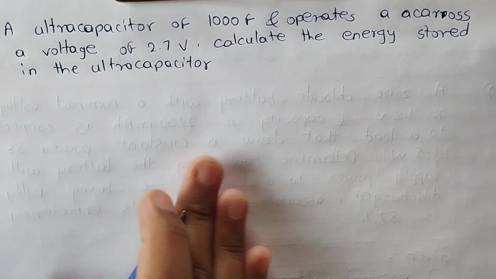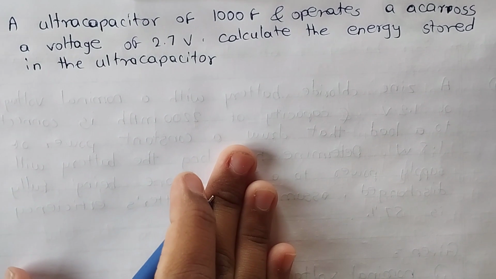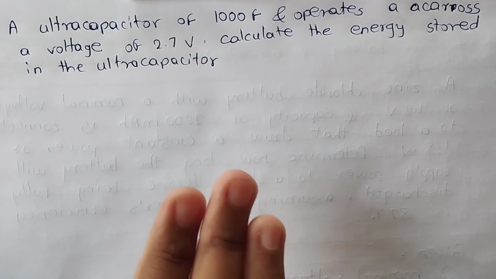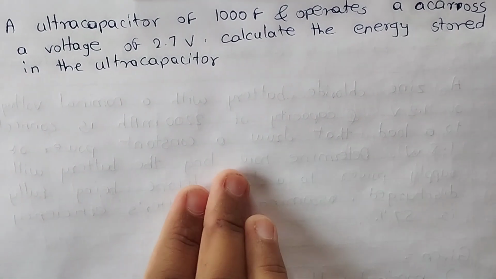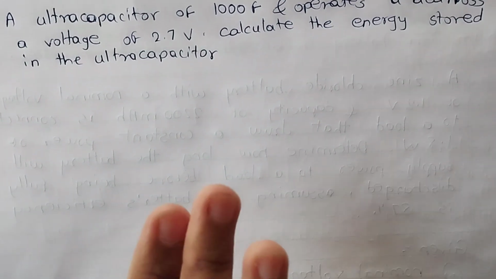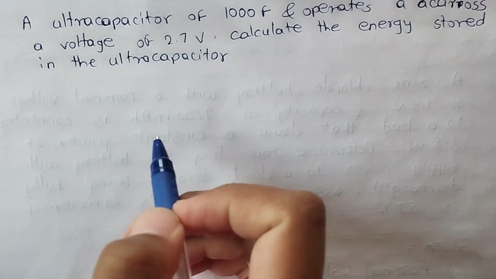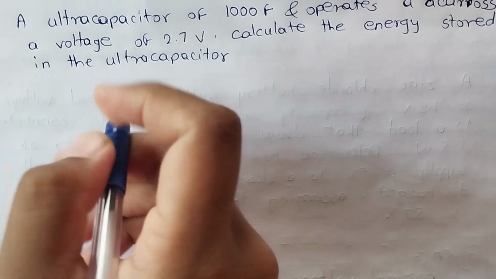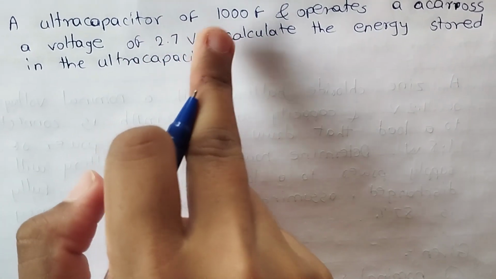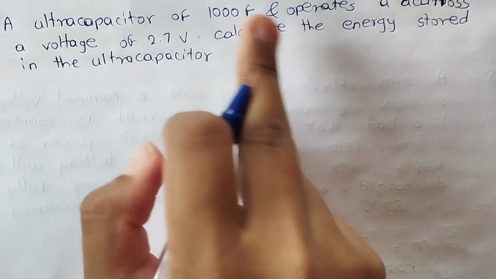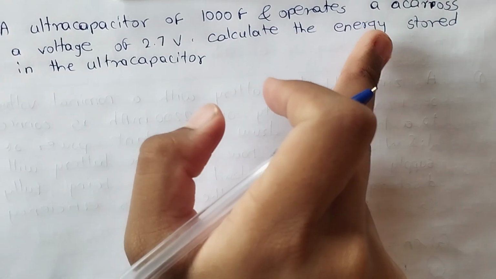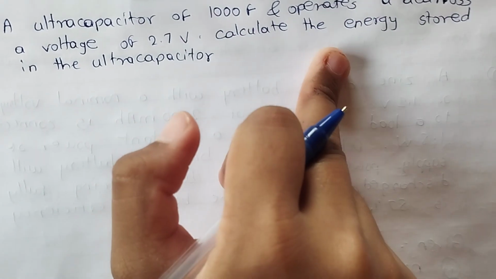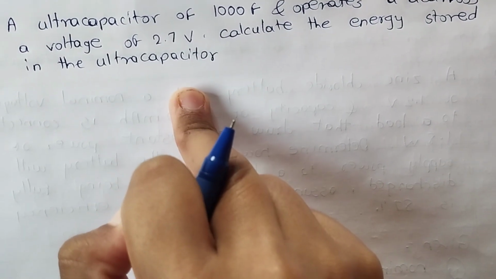We see one more example in a different form. Here, in this video we calculate a total of 4 different types of numericals based on the battery, and this is the last type of question. Here, an ultra capacitor of 1000 Farad operates across a voltage of 2.7. Calculate the energy stored in the ultra capacitor.